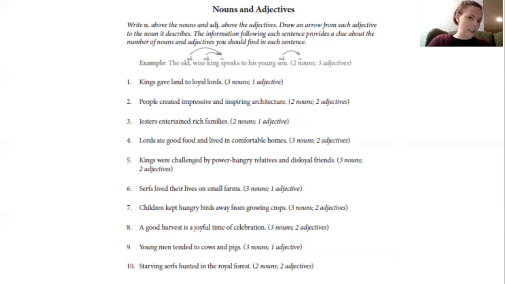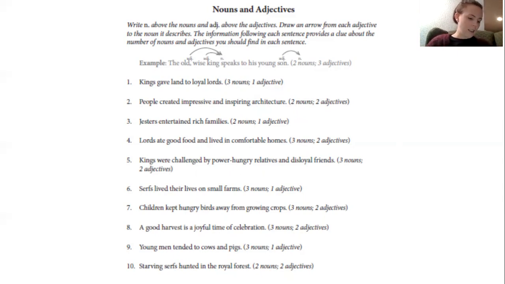Let's write: Kings gave land to loyal lords. So I know that kings are people, places, and things are nouns. So over the word kings, I'm going to write my N period to show that it's a noun.